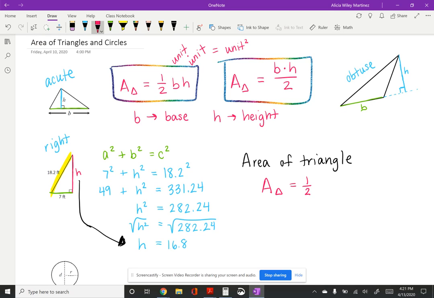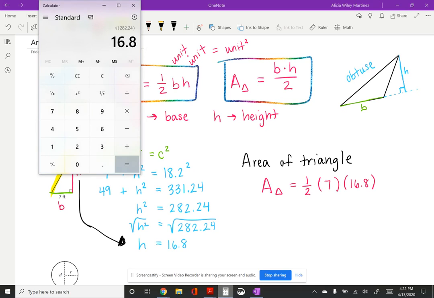So 1/2 times my base, which is 7. You can use dots for times or you can use parentheses, that's up to you. It doesn't matter. Times 7, that's my base. Remember, this is B. And then times my height, which I found down here to be 16.8 using my Pythagorean theorem. And then from there, it's just a matter of multiplying these 3 together. So I'm going to do 16.8 times 7.